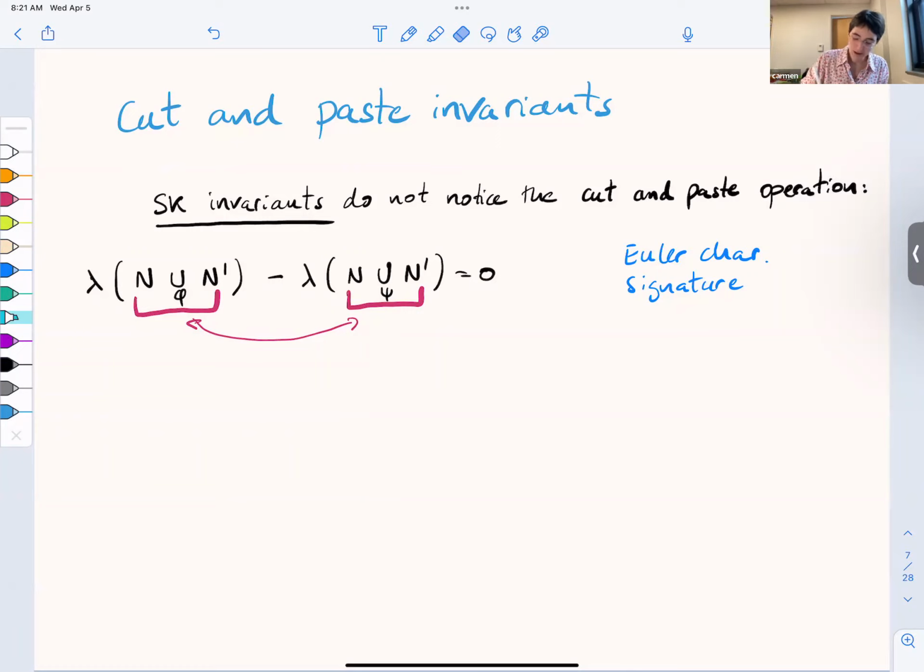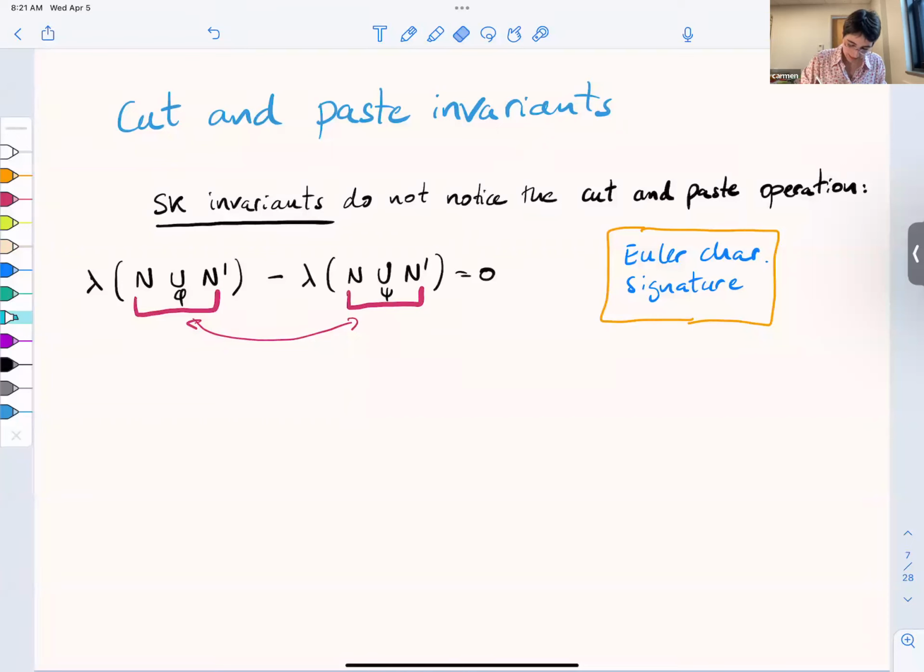So that is the other very important cut and paste invariant. These are just the two SK invariants, and all other SK invariants are just linear combinations of these. So in that sense, SK invariants do not get that complicated.